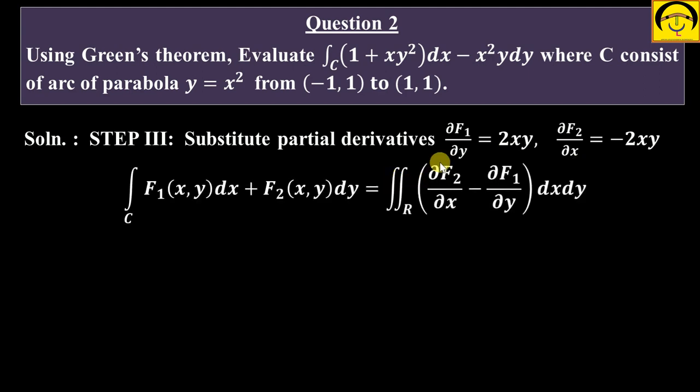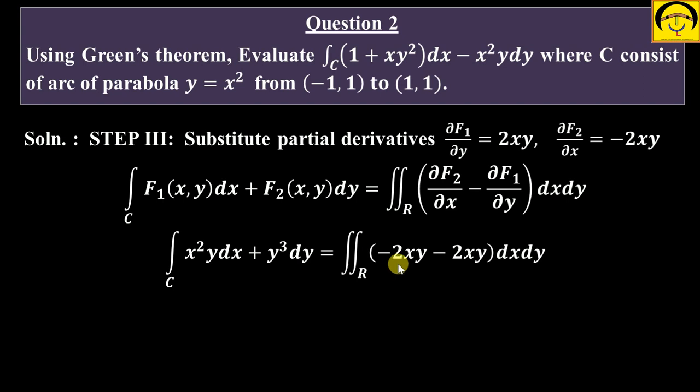Del f2 over del x is minus 2xy, then minus del f1 over del y is minus 2xy, so it leads us to minus 4xy.